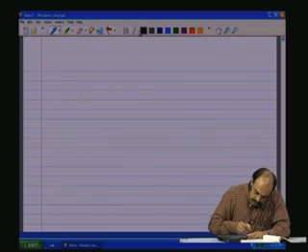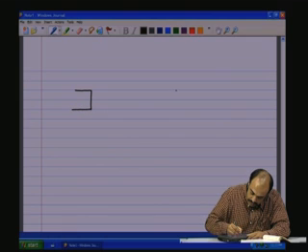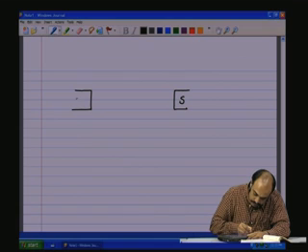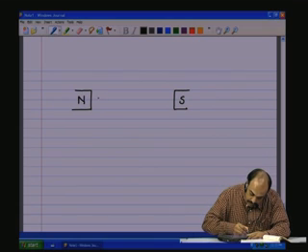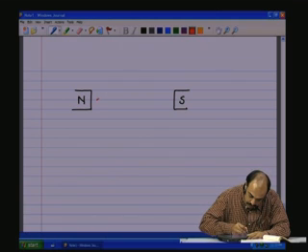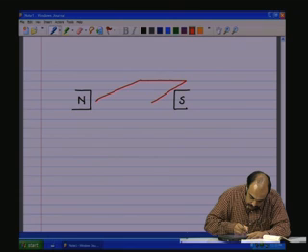Let us have again the north pole and the south pole, and let us have a coil here. Now, this coil is shown like this.